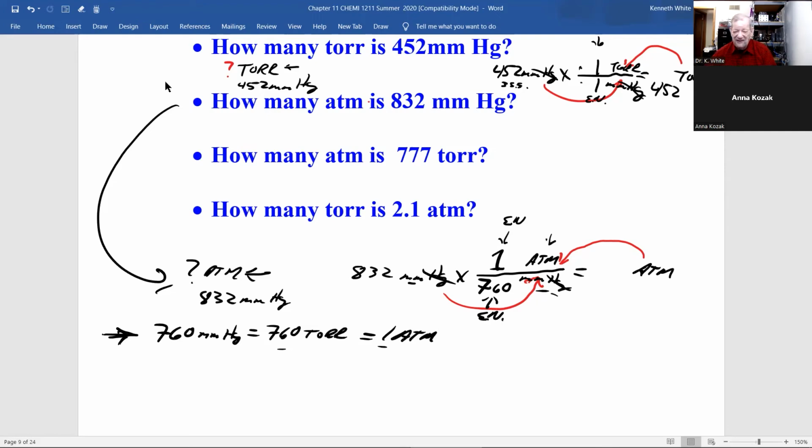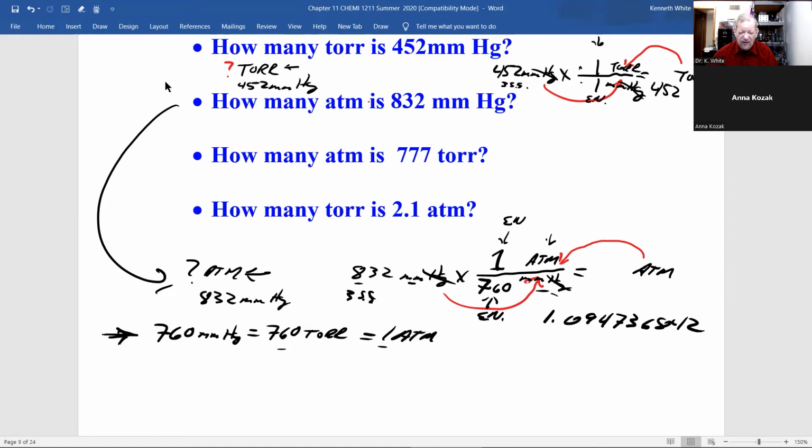And my calculator gives me this number. And the question is, is that correct? No, because you'll have on quiz 3 and the rest of the semester, you'll always have on test or quiz, please use proper significant figures for all calculated answers. This is 3 significant figures.